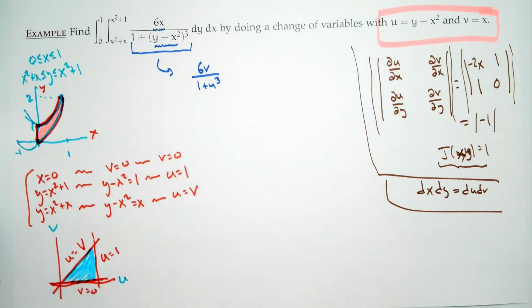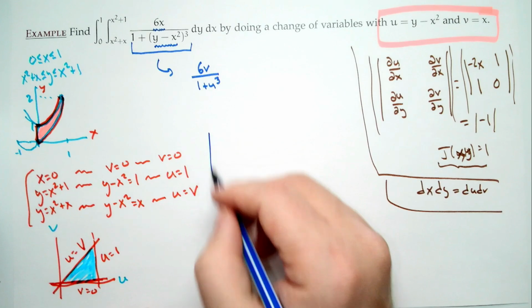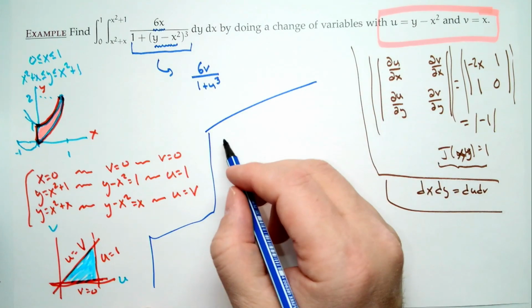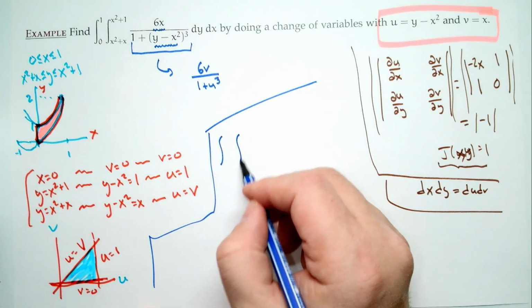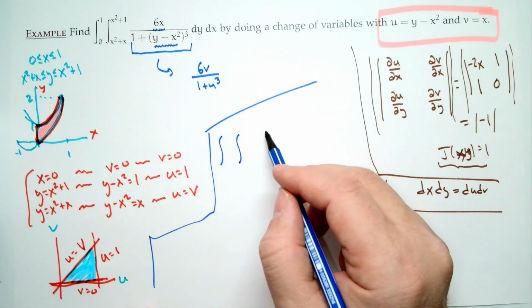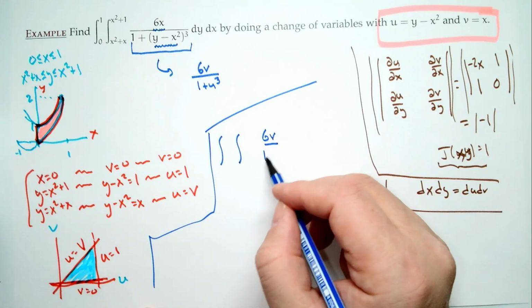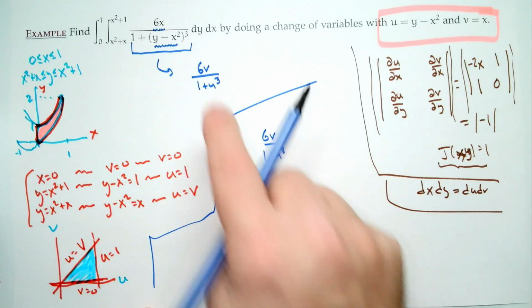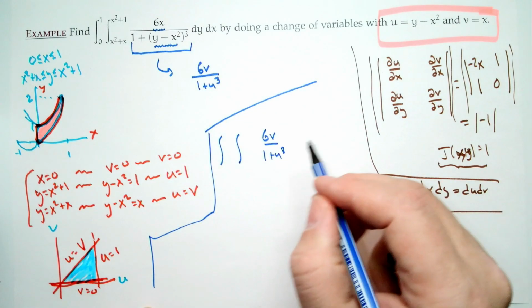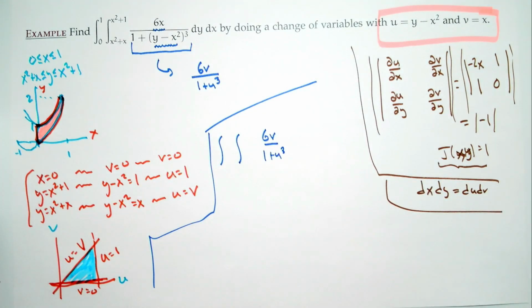So we're now ready to update our integral. So it's going to be an integral, our new function, 6v over 1 plus u cubed, dy dx is going to become du dv, or it could be dv du. Let's look at our region. What's probably the better order to integrate? Or let's even just look at this function.